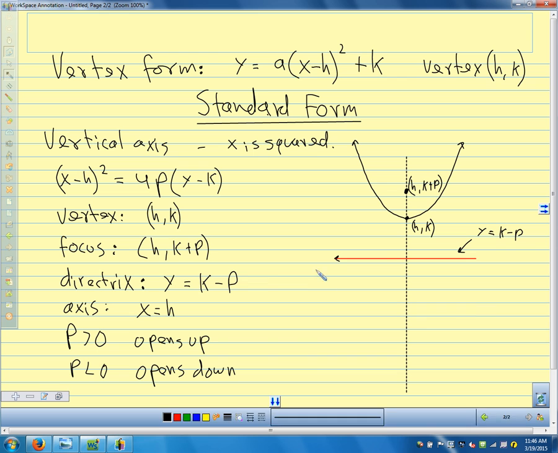I'm going to make my arrows on this red. So p is telling us how far we move from the vertex to the focus, and how far we move from the vertex to the directrix.